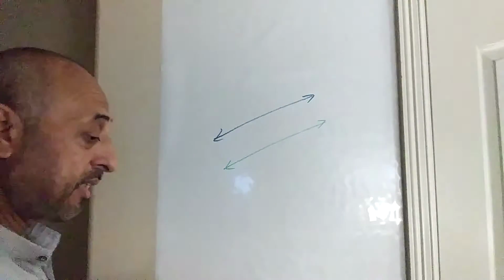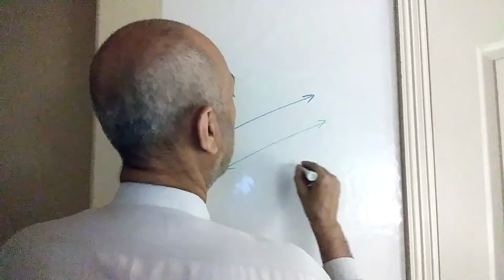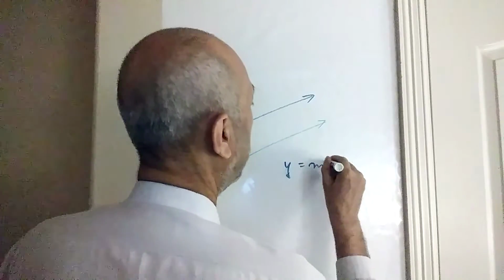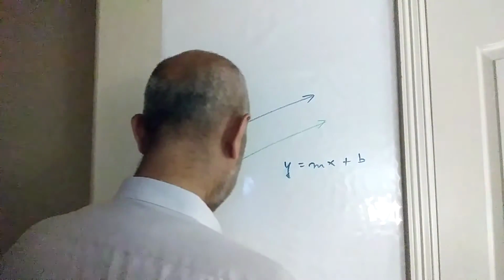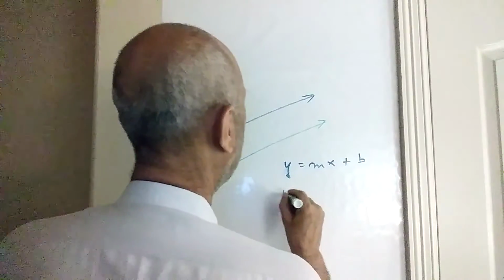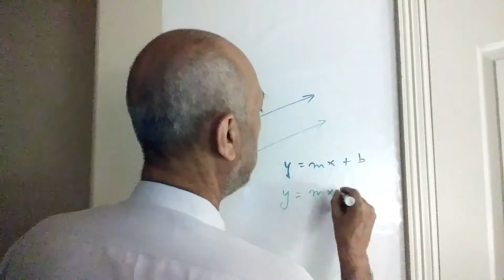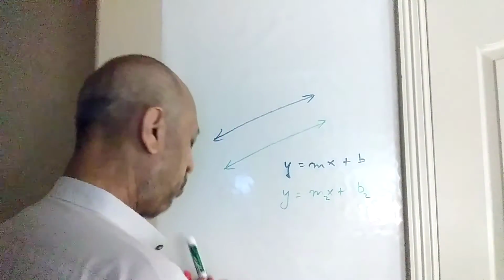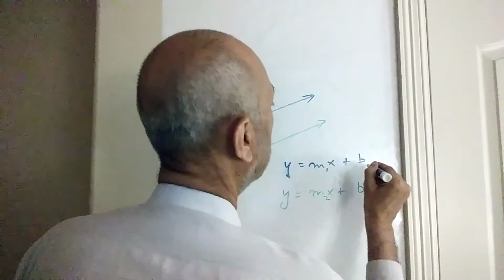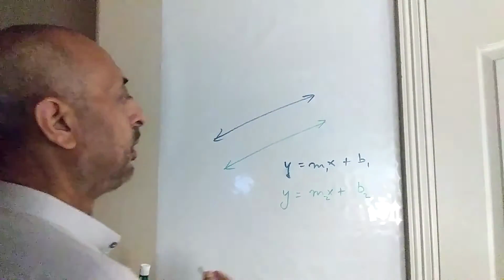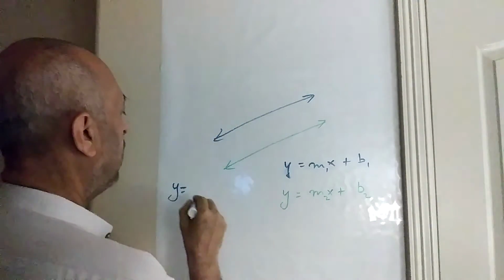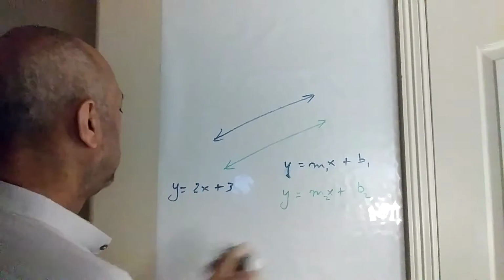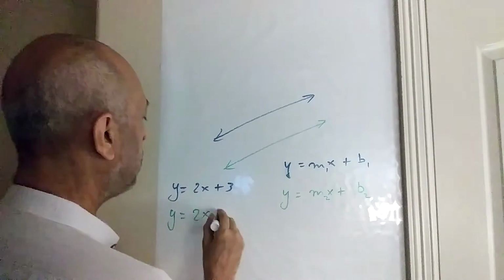So if I take that example, I'd say y is equal to mx plus b, and the second one I'm going to say y is equal to mx plus b, and I'm going to call this 2, and I'm going to call this 1. And the example will be y is equal to 2x plus 3, and the other one could be y is equal to 2x plus 4.